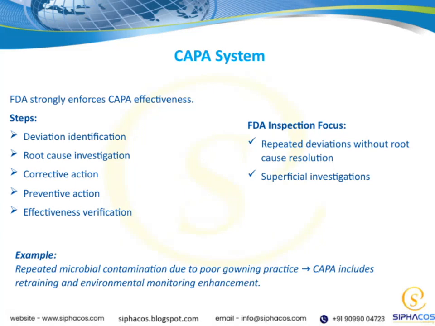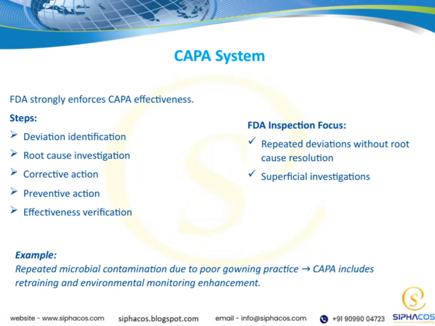Let's look at some examples to understand the importance of effective CAPA. For instance, repeated microbial contamination caused by poor gowning practices can lead to significant issues. The CAPA process in such cases would include retraining staff and enhancing environmental monitoring to prevent recurrence.